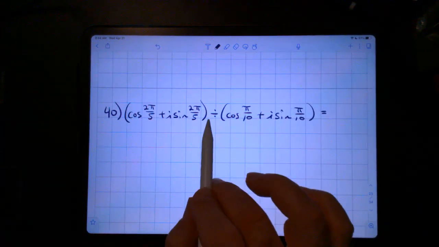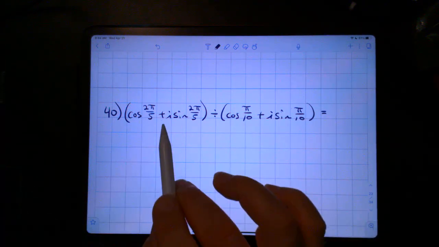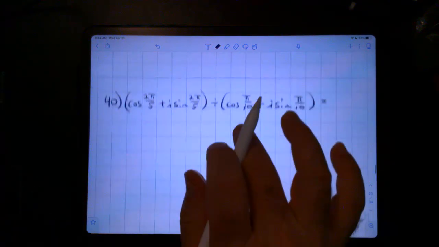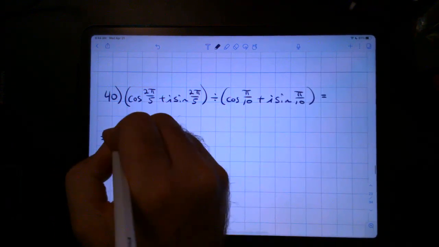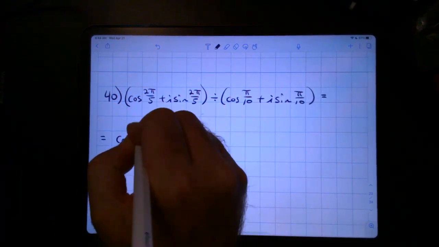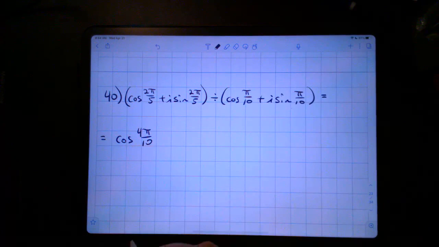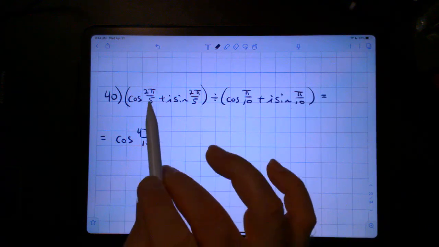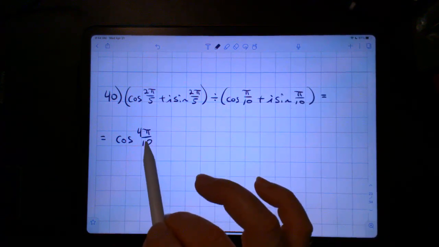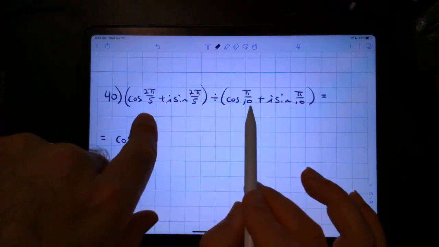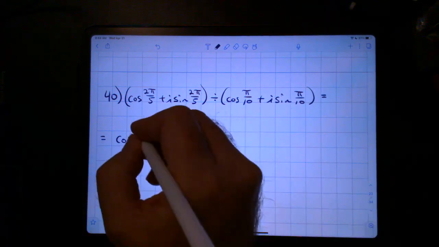Here we're dividing. So dividing, you subtract the arguments. This 2 pi over 5 is 4 pi over 10. Multiply this by a 2 over 2. Since I'm dividing, I'm going to subtract their arguments.